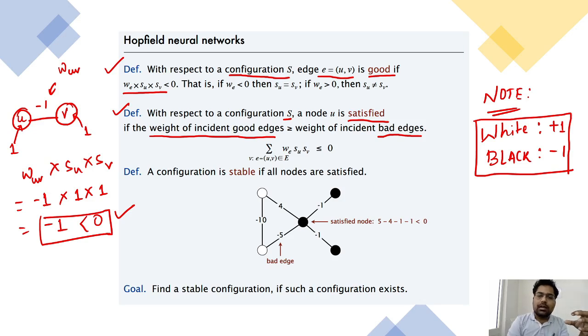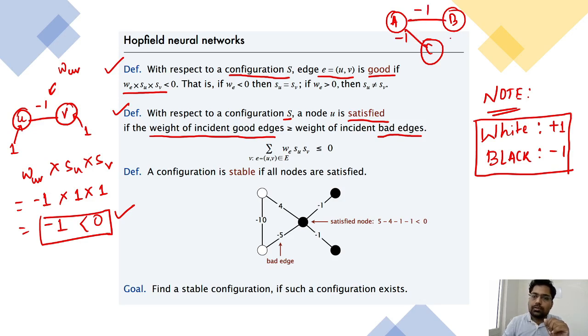We must say this for the U which is our target. Here we are just focusing on one edge. Suppose I draw a, b and c, and suppose I get -1 here, -1 here, -1 here.